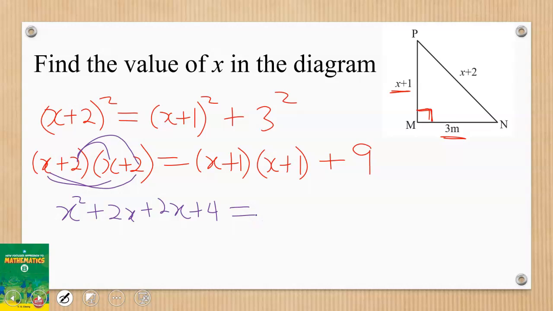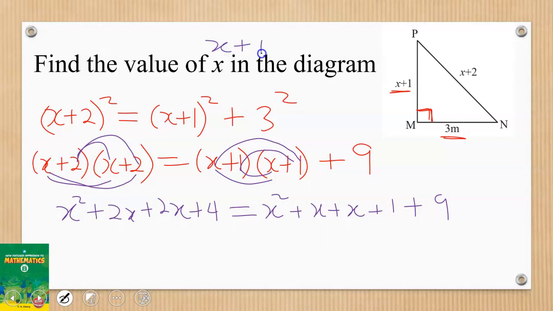Is equal to, do the same thing here, this to this is x squared, and this to that is x. This to this is plus x, and this to that is plus 1, then plus 9. Now, take note that when we have x plus 1 all squared, it will never give you x squared plus 1 squared.